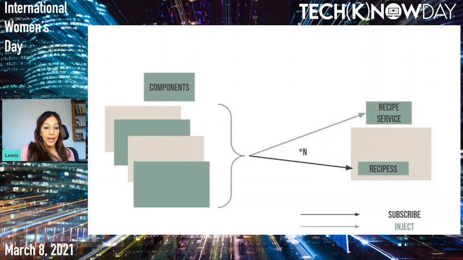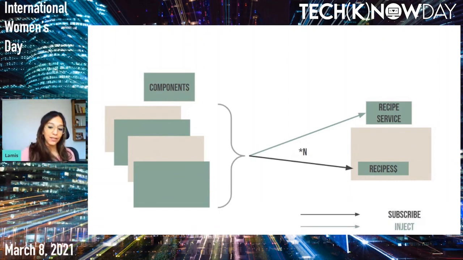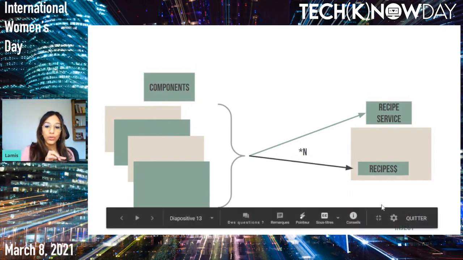So in my Angular application here, I have many components, and I have a service, which is my recipe service, and recipes$, which is the stream of my recipes. This is the data I retrieved from the backend.